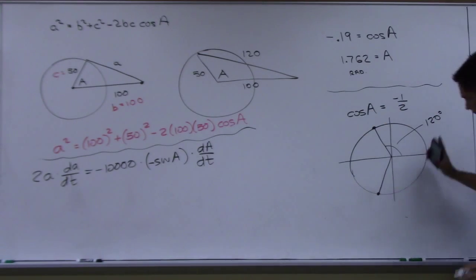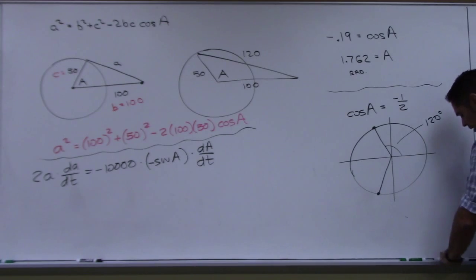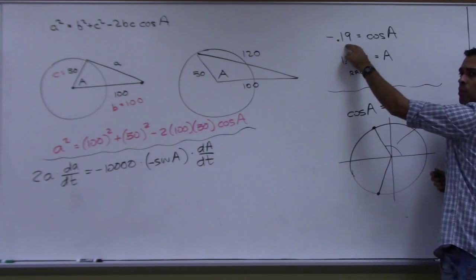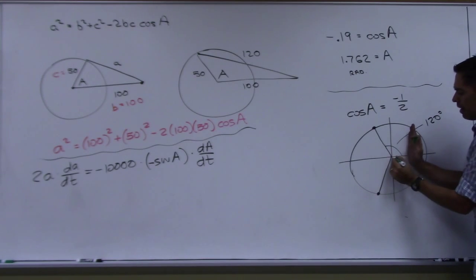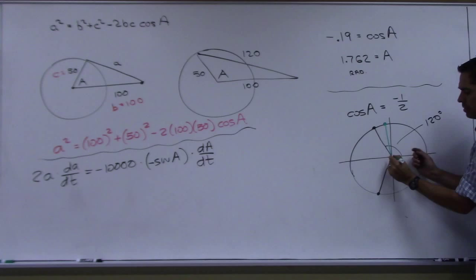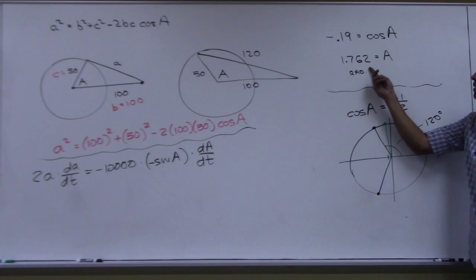Let me try and show you an analogy, and I'll do it in green. When you say that cosine of an angle is negative 0.19, you're saying where on the unit circle is your x-coordinate negative 0.19. And it turned out to be whatever that is in degrees.